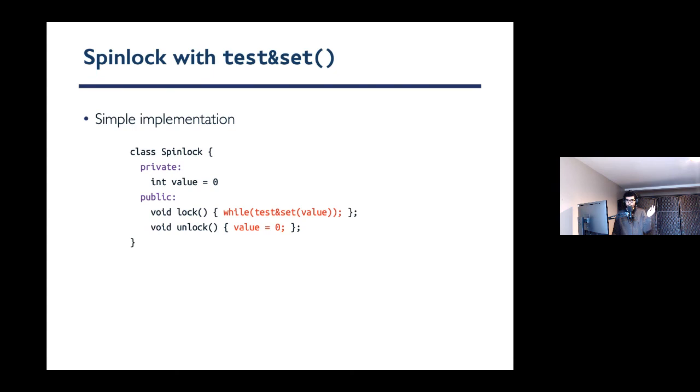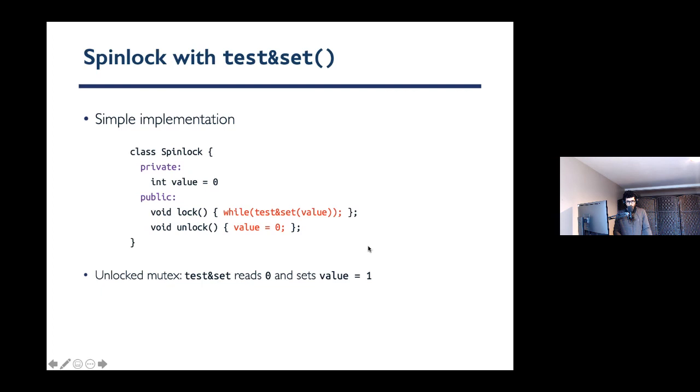This test and set is just one instruction, but it does multiple things, and it's all done in hardware. So hardware provides this instruction as an atomic instruction. So it's just one instruction with multiple functionality. It does multiple things for us.